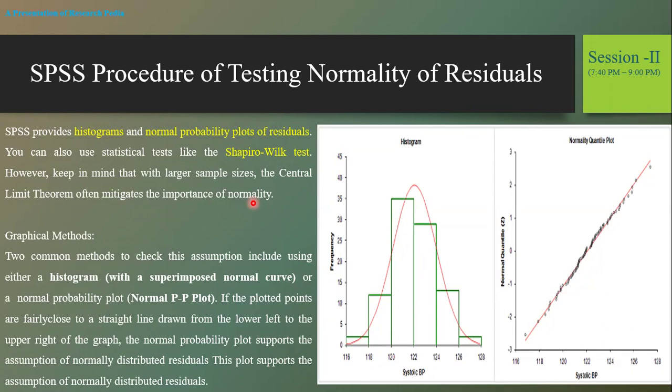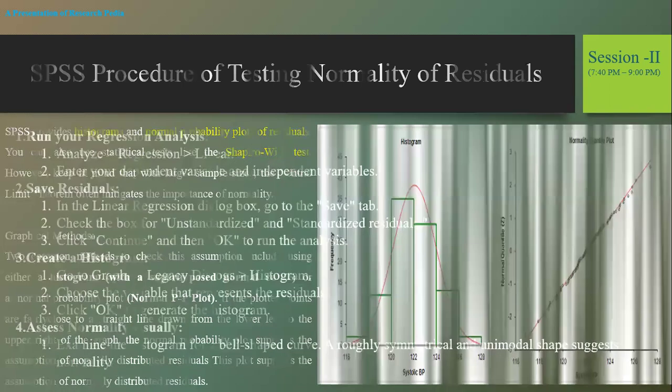So if your data contains at least 30 observations, you don't need to check the normality. But if your data is small and contains less than 30 observations, you need to check the normality. So there are three ways. One way is the histogram, the second one is the normal QQ plot, and the third way is the Shapiro-Wilk test. The graphical method contains the histogram and normal PP plot that I have told you earlier.